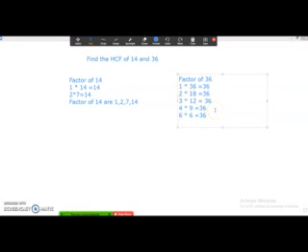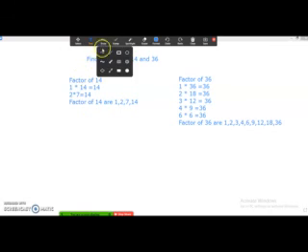So here the factors of 36 are 1, 2, 3, 4, 6, 9, 12, 18 and 36. These are the factors of 36. Now I will find out the common factors. 1 is common. 2 is common.